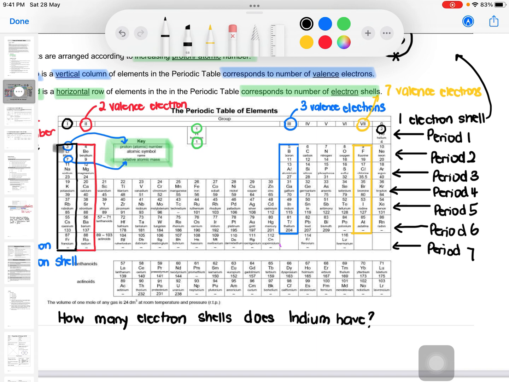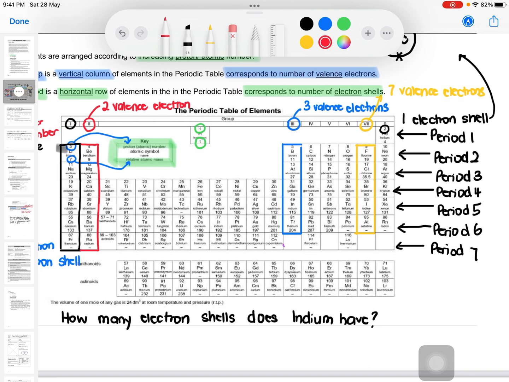Okay, so you look for the element indium. Where is indium? Here. This one is indium. That's iridium. Oh, that's indium. Yeah, yeah.